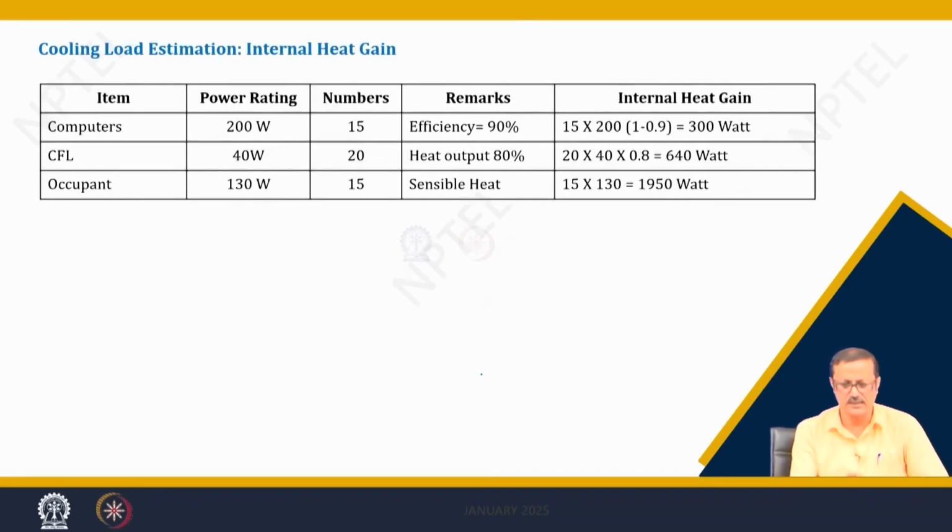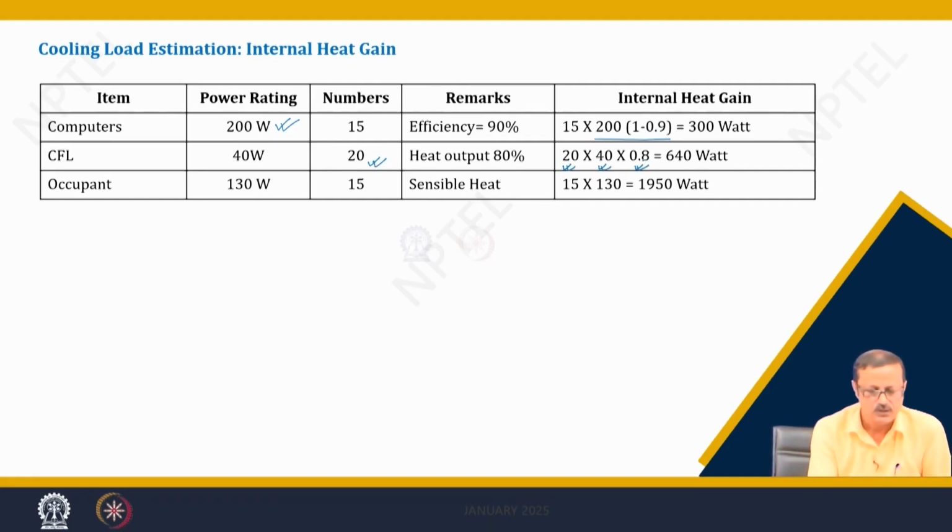So, we can directly take that one. There are computers of 200 watt, so 200 into 1 minus 0.9 will be the per computer heat output. There are 15 computers. Like that, CFL has 20 numbers at this wattage, and 0.8 is the amount of heat that will be gained. The occupant is 15 into 130.